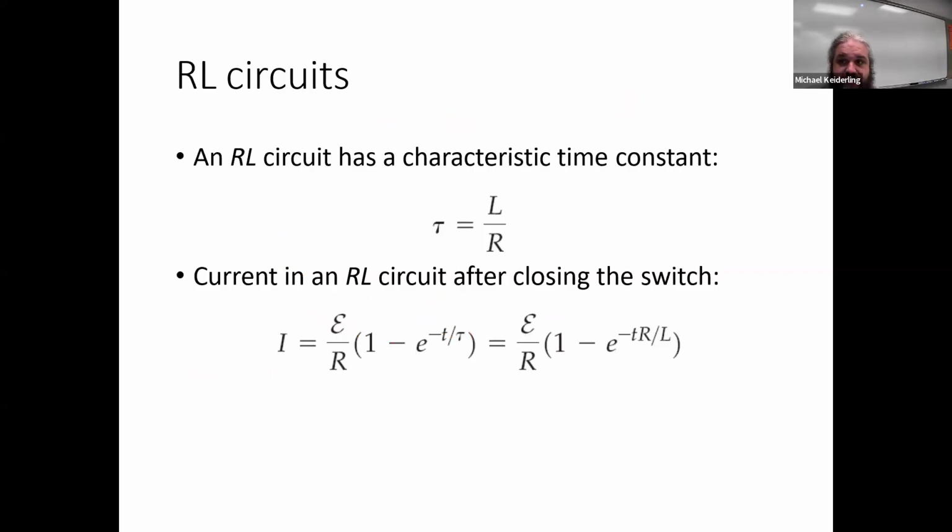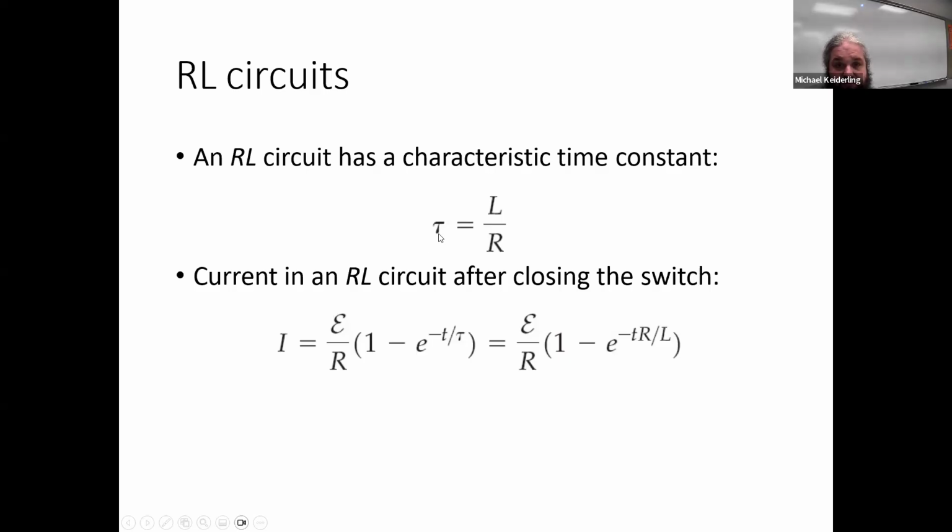An RL circuit is a circuit with a resistor and an inductor, which, much like an RC circuit, also has a characteristic time constant, where if there's a change in current, so if you suddenly start applying a voltage, it will resist that change, so there'll be decay to that final resting state.